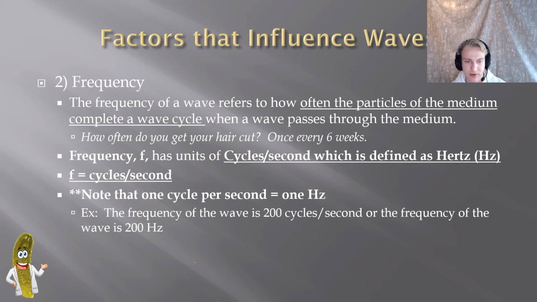Period is T, which is equal to, I have this mixed up here, my apologies. This should be seconds per cycle. And frequency, F, should be cycles per second. Like such.